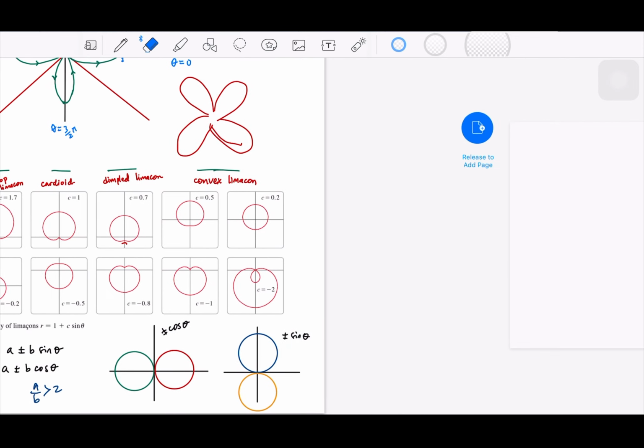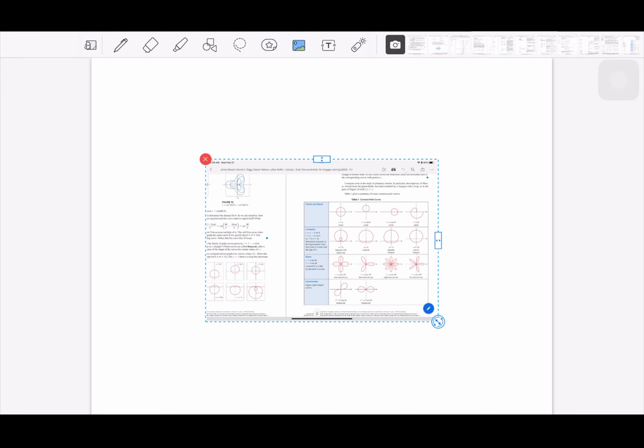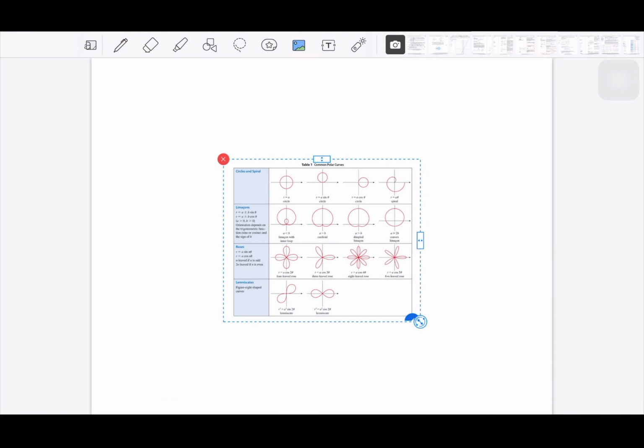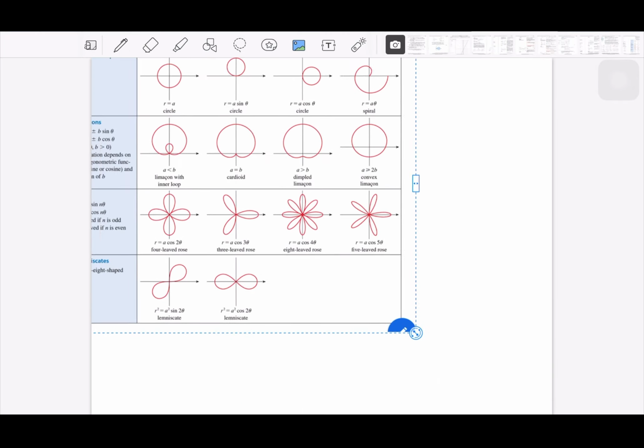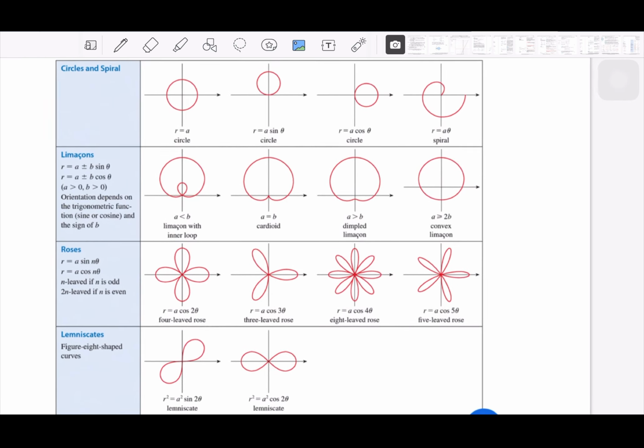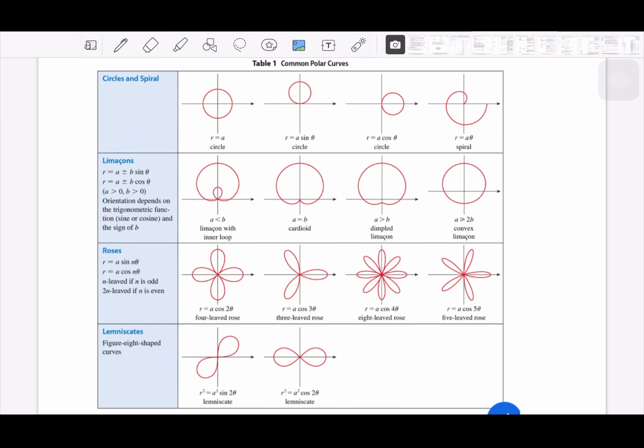Okay, now in general, the last part in polar coordinates before we go to the calculus is just a summary: the common polar curves that we are going to find in our course. The circle or a spiral, here the spiral.